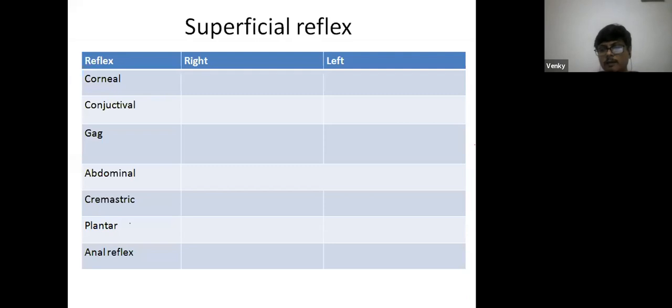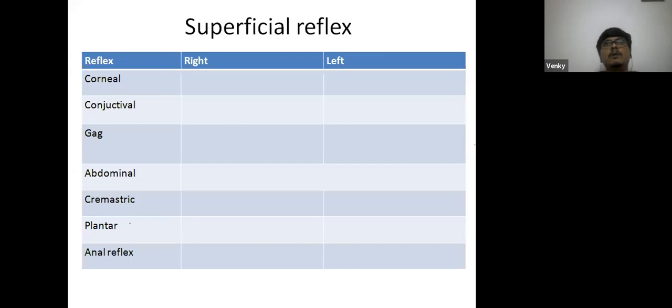Then comes the reflexes. In reflexes, superficial reflexes: corneal, conjunctival, gag, abdominal reflex, cremasteric, plantar, anal reflex, bulbocavernosus reflex. These are the superficial reflexes. What you should know in superficial reflexes is what is the afferent, what is the efferent, and the center.